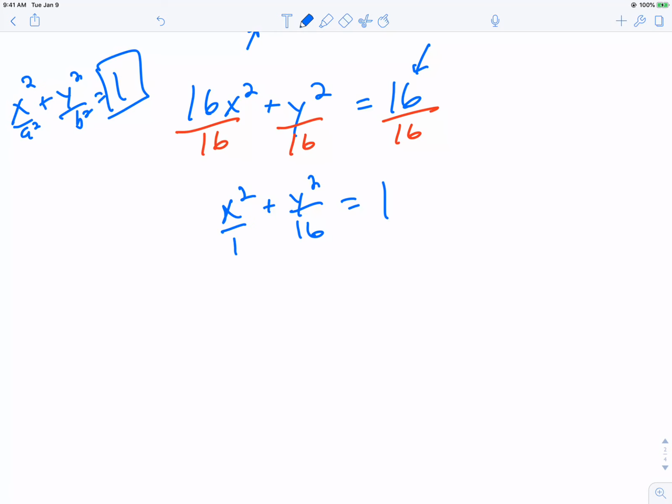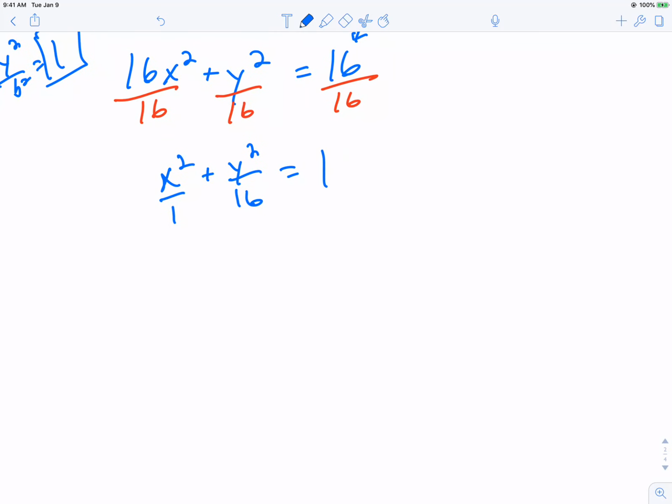I could think of this as like over 1 if I like. So let's go ahead and graph this thing. So the center is at 0, 0. And then this is my a squared, this is my b squared. So my a is 1 because it's the square root of that. My b is 4. So in the x direction, I go out 1.